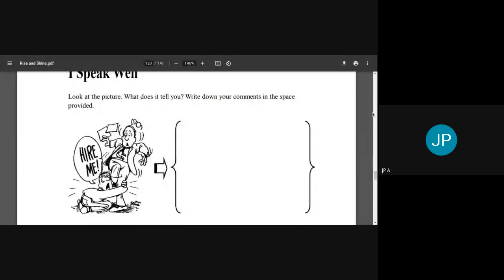Just look at that picture. What do you understand from this picture? What is it about? What do you feel about that picture?